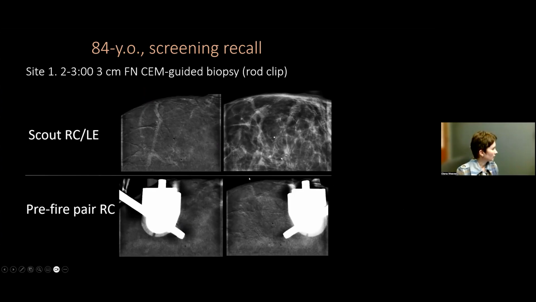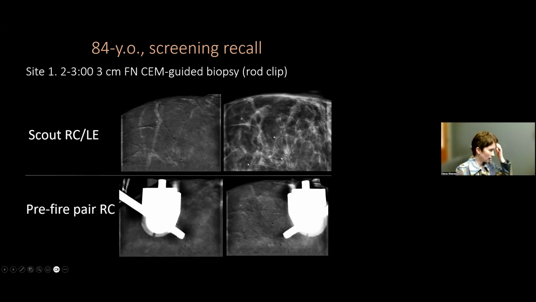This is site 1, at 2 to 3 o'clock, 3 centimeters from the nipple. On the top is the scout recombined image and the scout low energy image. On the low energy image, you see some calcifications, and on the recombined image, there is some non-mass enhancement with it.